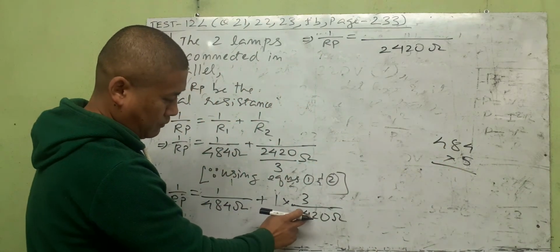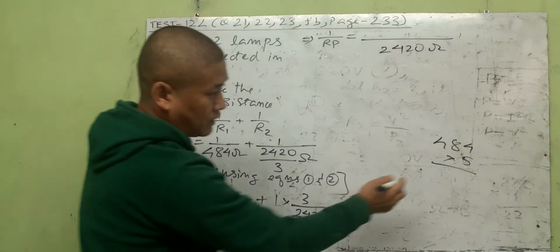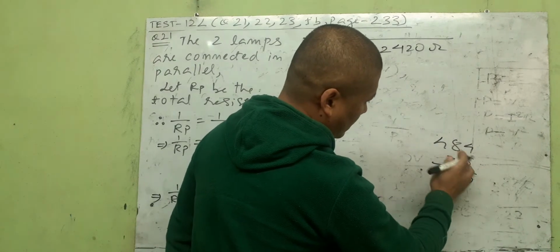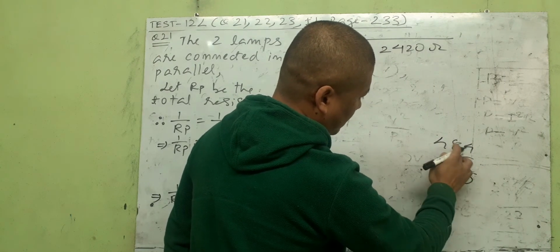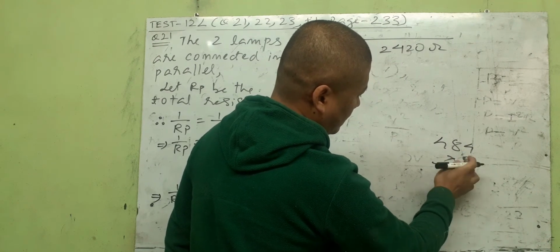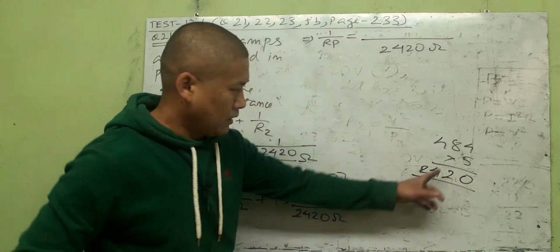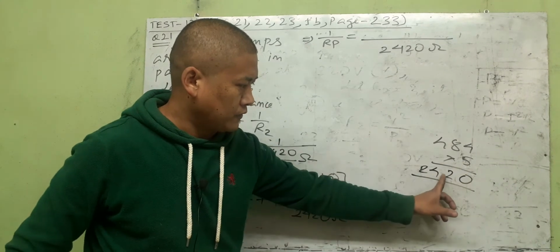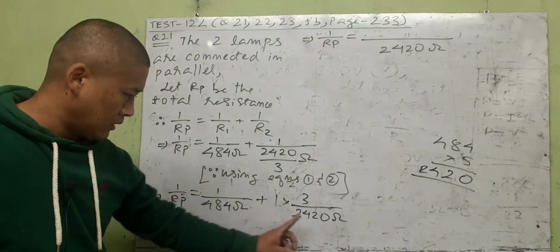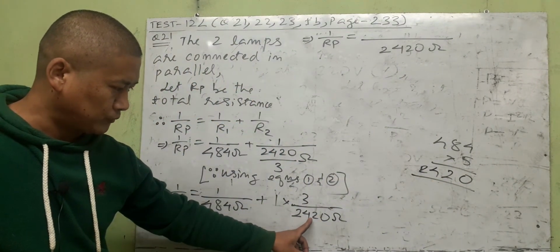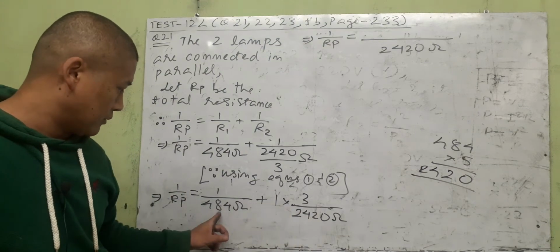The bigger number is a multiple of the smaller. Check it: 4 5s are 20, 5 8s are 40, 42, 5 4s are 20, 24, 2420, exactly. 484 into 5 is 2420, which means the bigger number 2420 is a multiple of the smaller 484.